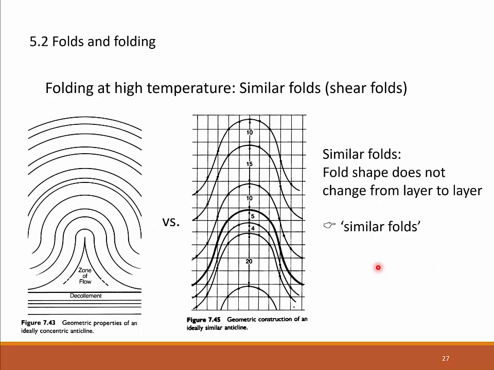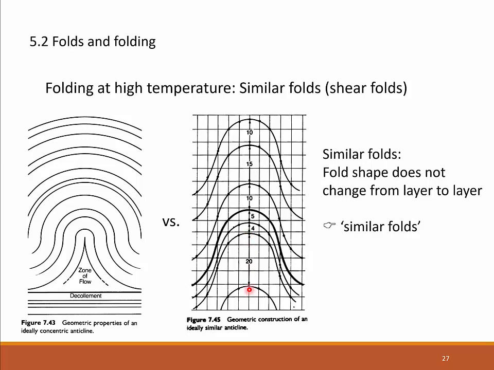If we compare the geometry of concentric and similar folds, we see the reason for the naming. Similar folds do not change their shape throughout a folded sequence. We see here that the interlimb angle and the fold shape is identical.